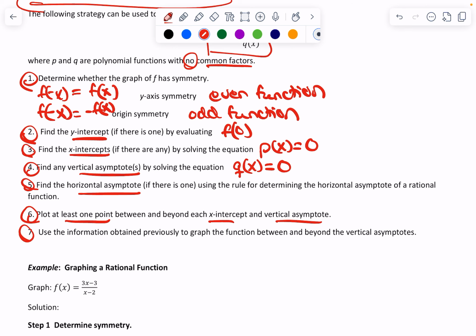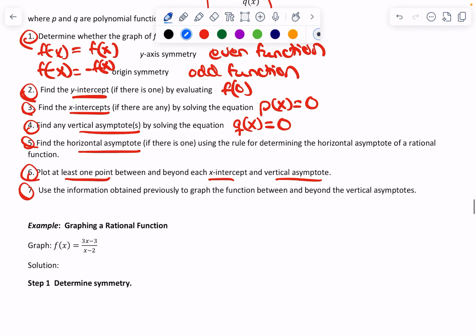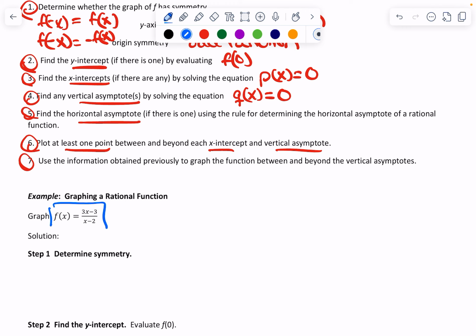Our function that we are going to be graphing is f of x equals 3x minus 3 divided by x minus 2. First, we need to determine the symmetry.